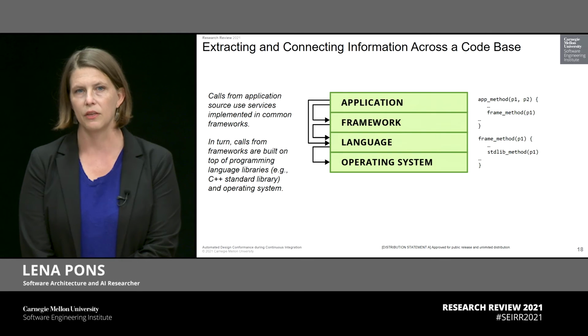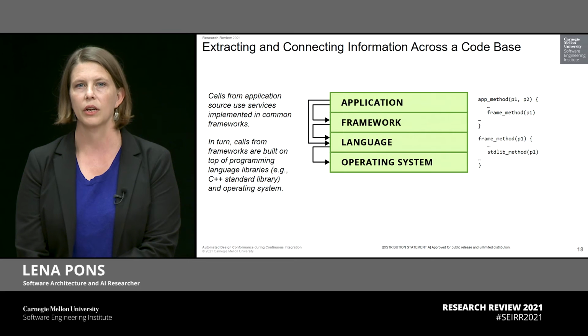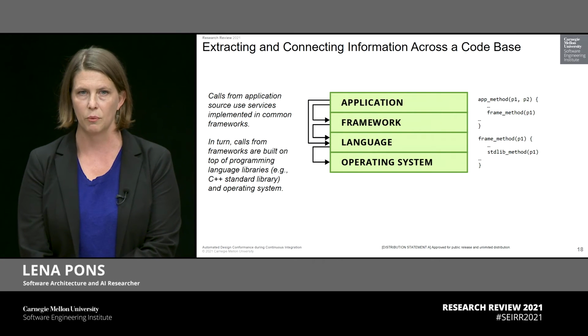In order to make use of the clues extracted from multiple layers, we need some way to tie everything back to that application layer. And so we observe that in the application code, there is a call down to a method that's implemented in these common frameworks.